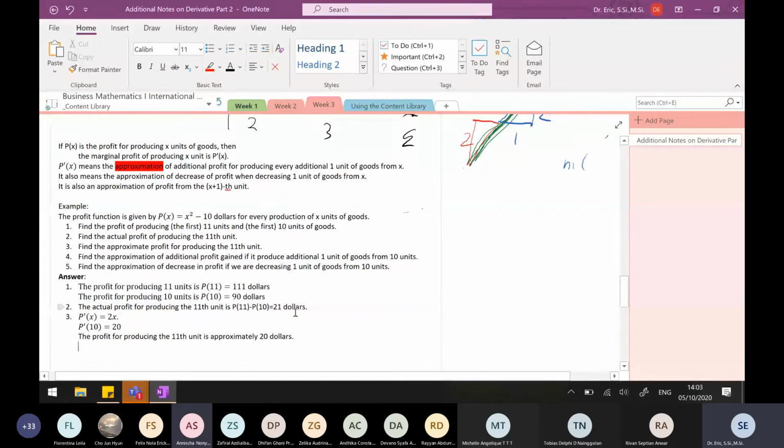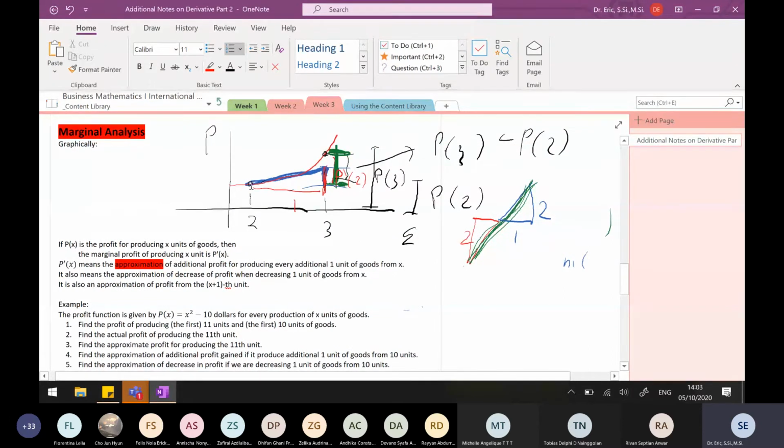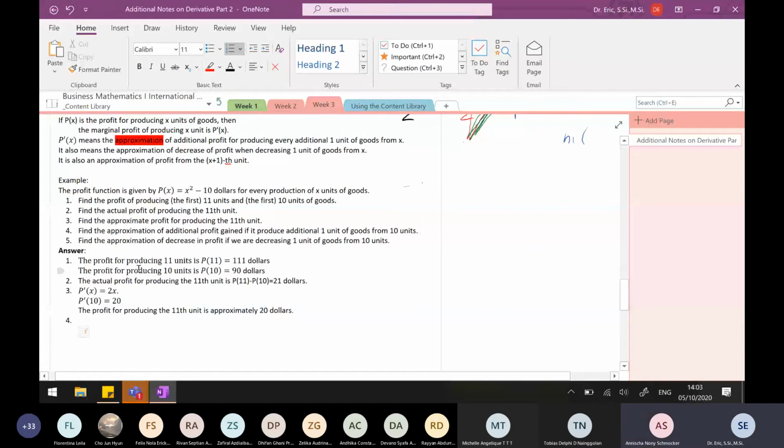Okay, and what about this? Find the approximation of additional profit gain if it produces an additional 1 unit from 10 units of goods. What is the approximation of the additional profit gain if it produces an additional 1 unit from 10 units?